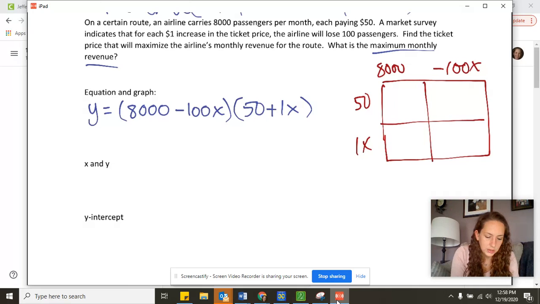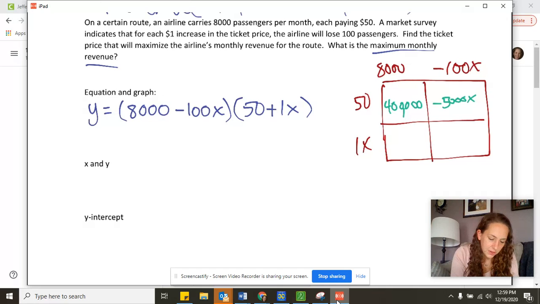So 50 times 8,000 is going to be 5 zeros, 40,000. Am I wrong? I feel like I need another zero. Oh, okay. I said 5 and I didn't write 5. Sorry. 400,000. 50 times negative 100x is going to be negative 5,000x.